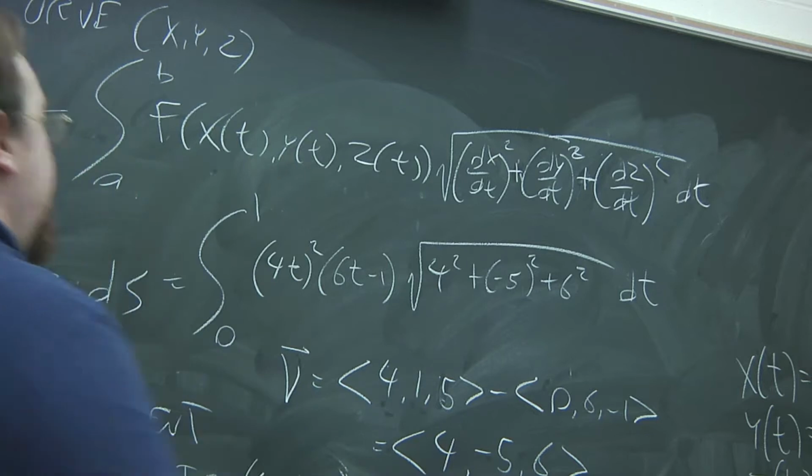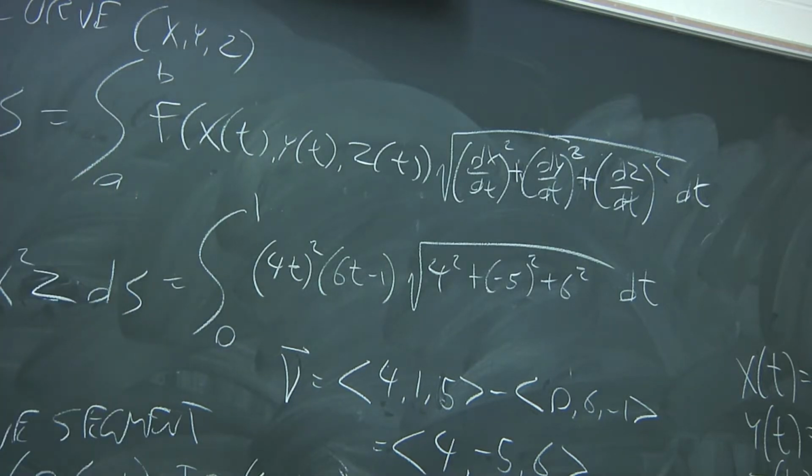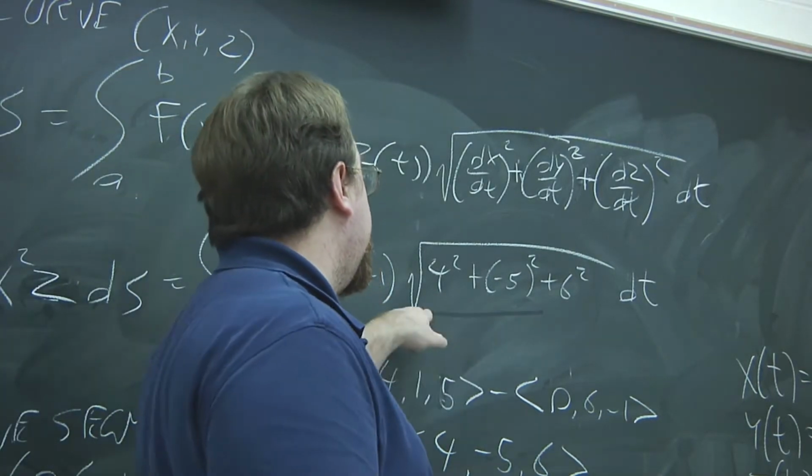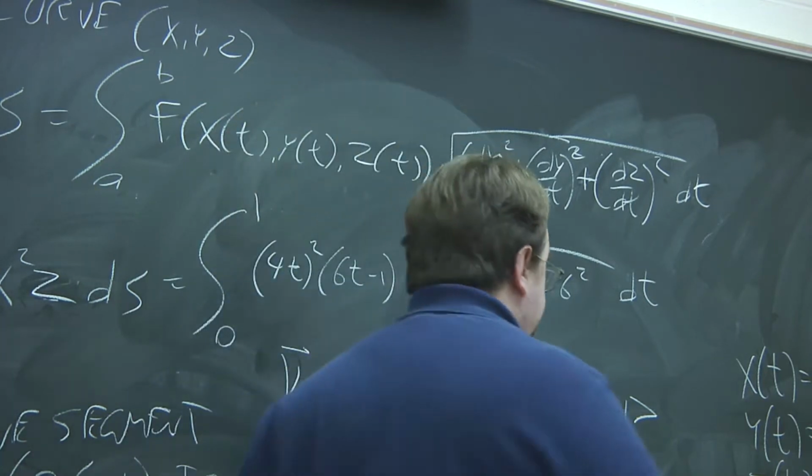So the square root, thankfully, is not going to complicate things because it's just going to be square root of a constant. Okay. So what we get here, this is going to turn out to be the square root of 77.